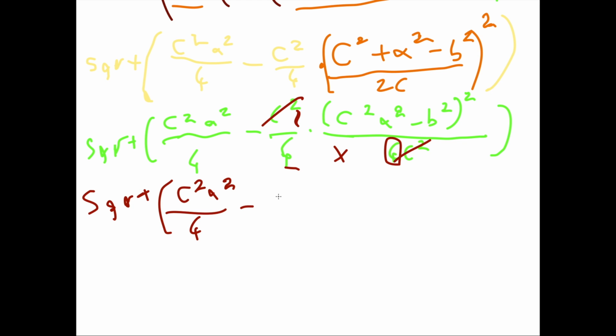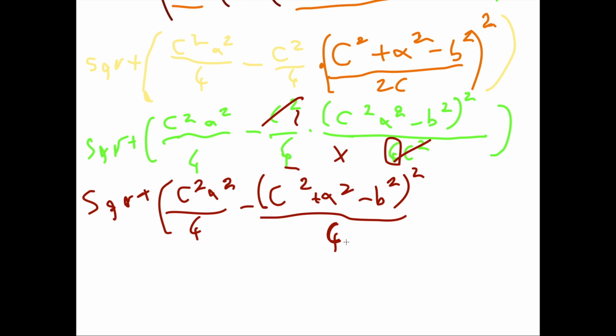So we just have to write c squared a squared plus a squared minus b squared squared divided by, if we divide by 4, this is going to be 4 squared here. And so close the big bracket.